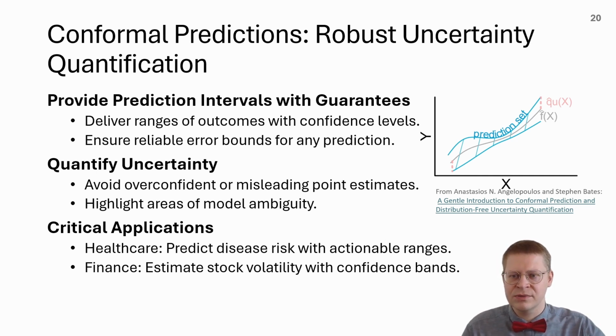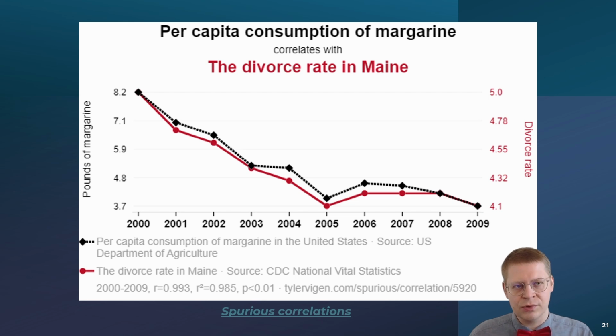Machine learning or deep learning models are trained on data to obtain the relationships and give predictions on the data. However, this highlights the problem that correlation does not imply causation. For example, we can try to compare per capita consumption of margarine with the divorce rate in Maine.